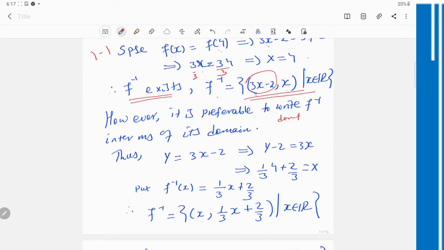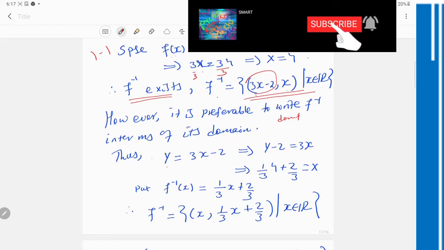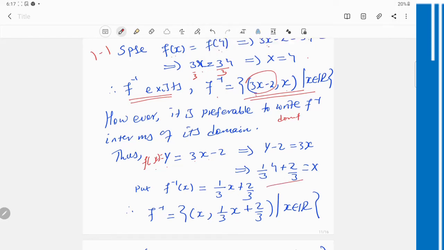So you start by putting f of x equals y, which is 3x minus 2, then solve for x, so you get this one. After you solve for x, the next step is to put f inverse of x in place of x and substitute y by x.